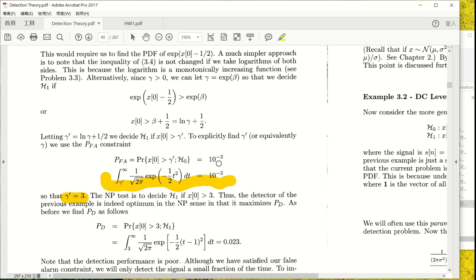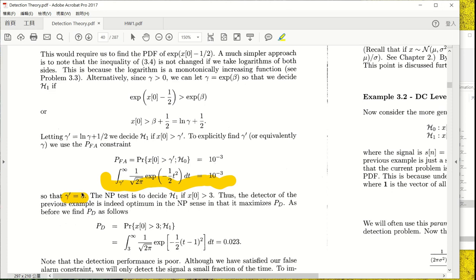As I say, it's not trivial, but people can use numerical approaches to solve that, so you get this gamma prime. It's just a coincidence that it is 3. Usually, the threshold won't be that nice, just like 3.